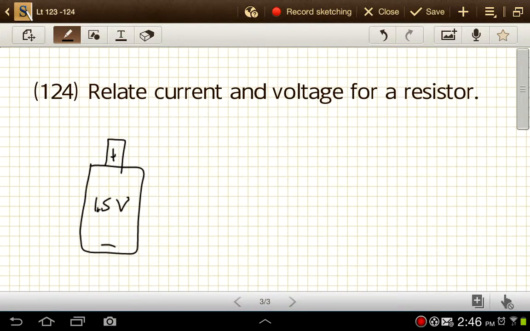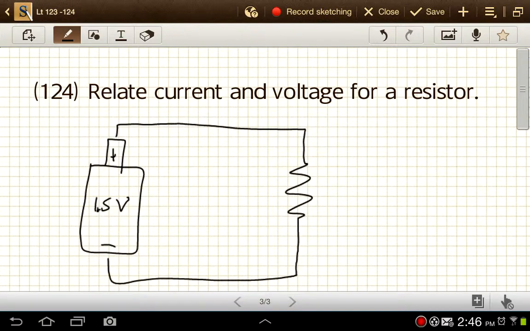That means there's 1.5 volts of potential difference between this spot and this spot, and then we pass our current through a wire and through a resistor here. The amount of current that we have going through this whole thing, I, is going to depend on this value, which we call R, the amount of resistance that this resistor has.